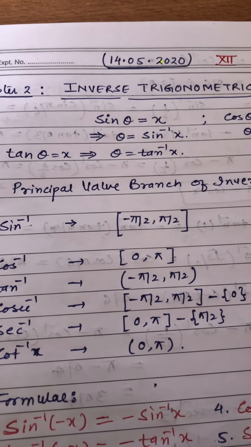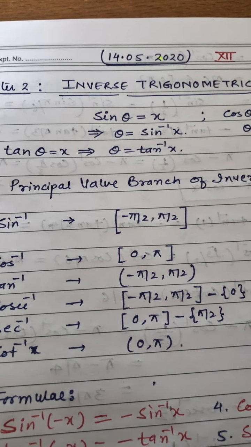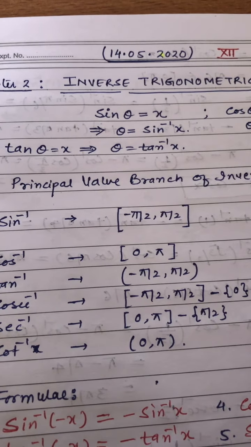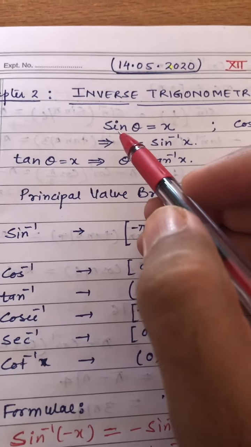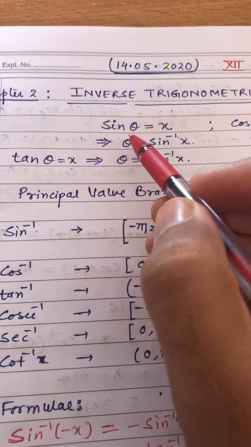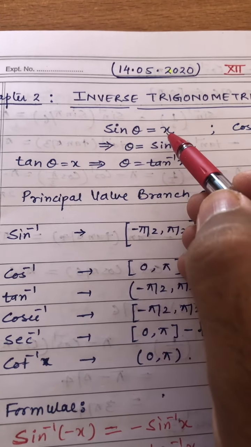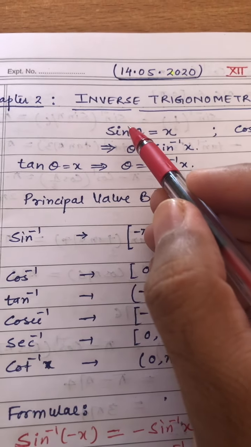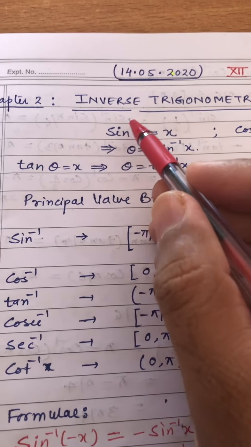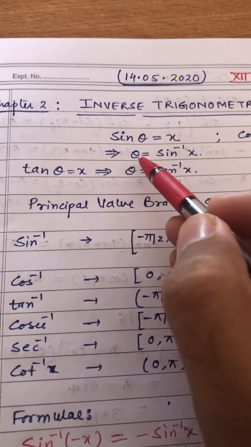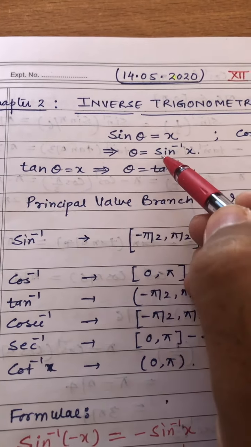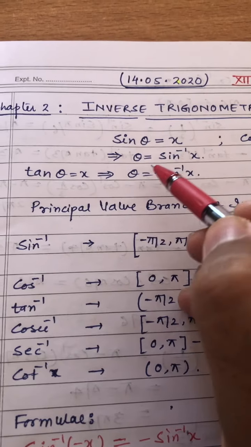First I will tell you how to represent an inverse trigonometric function. For example, if we have sine theta equal to x, the value of sine theta is x, then when I shift this sine to the right hand side, theta will become sine inverse x. This is power 1 here, it will go this side, raised to the power minus 1.